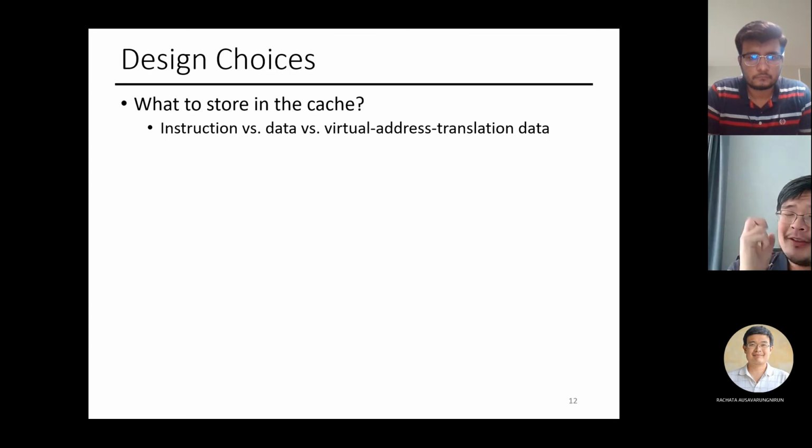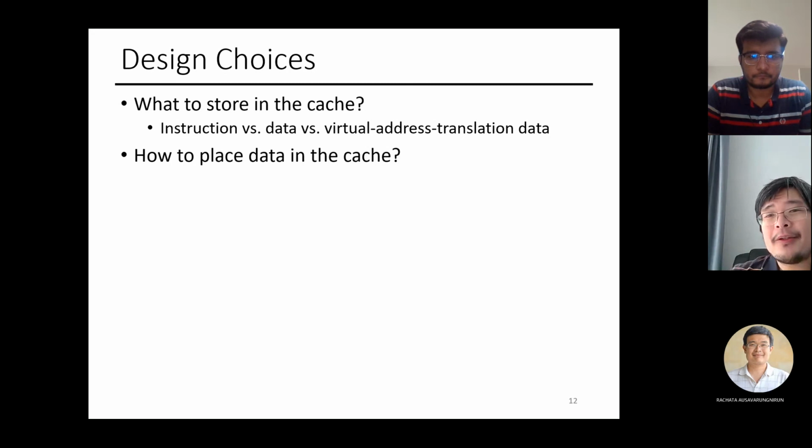In your computer, there's a structure for instructions called the instruction cache. There's also a structure for the data called the data cache. And there's a structure for the translation. This is called the TLB, translation lookaside buffer. You might have seen this from the talk last week, right? So those are caching for your translation.